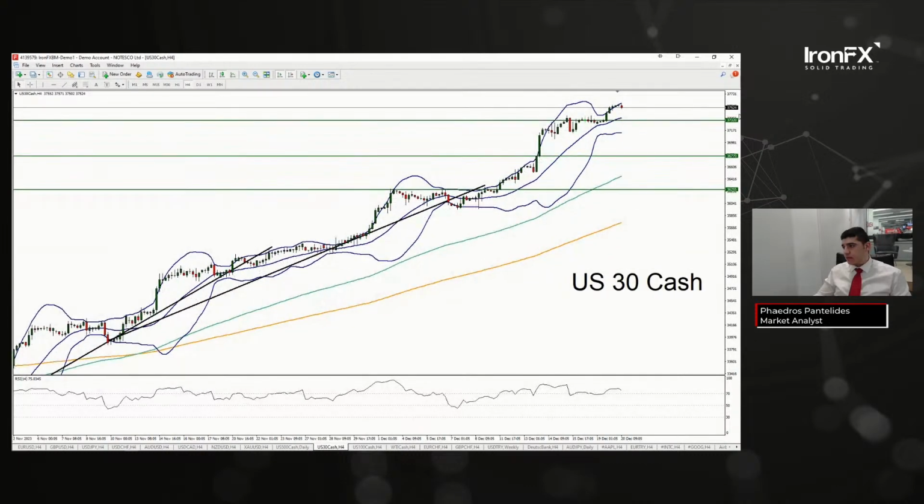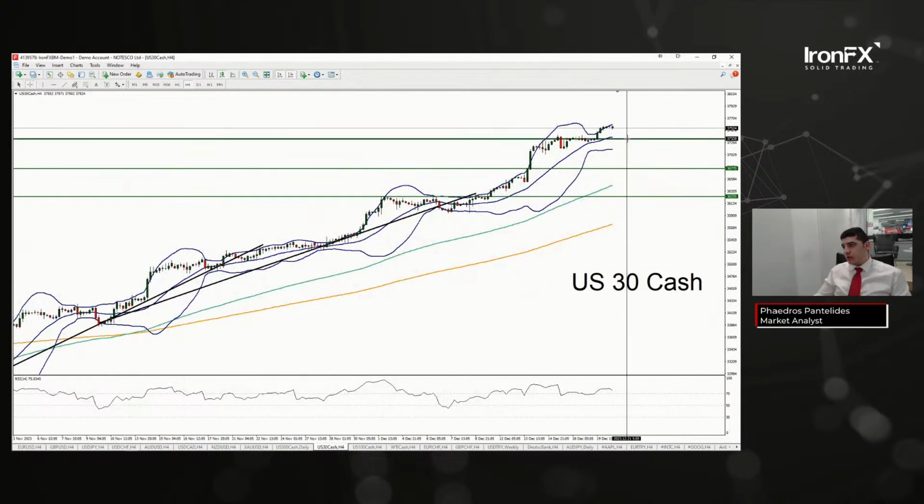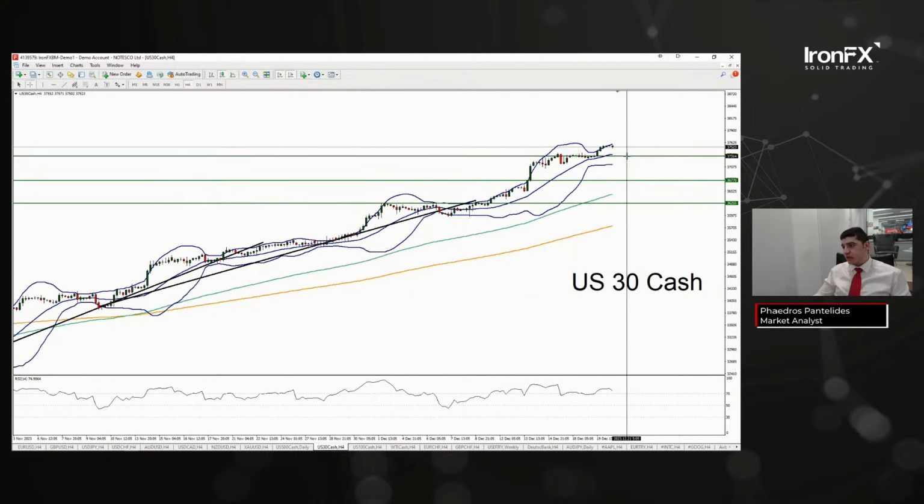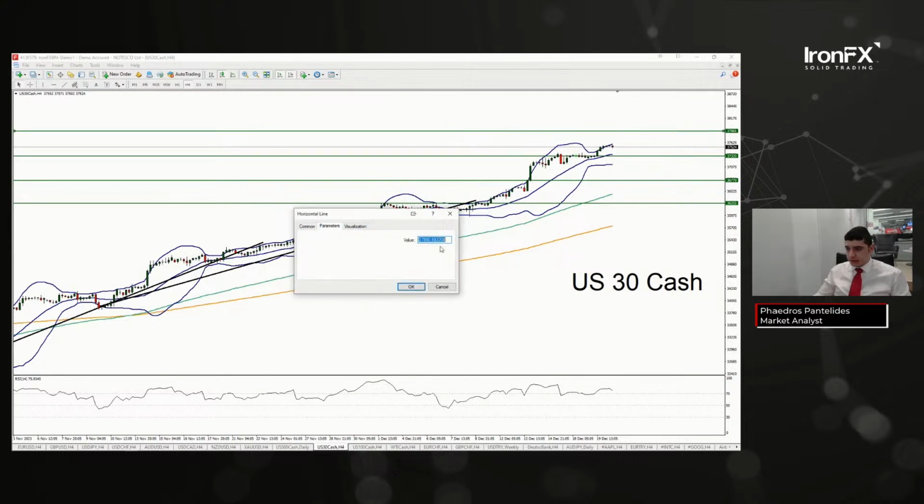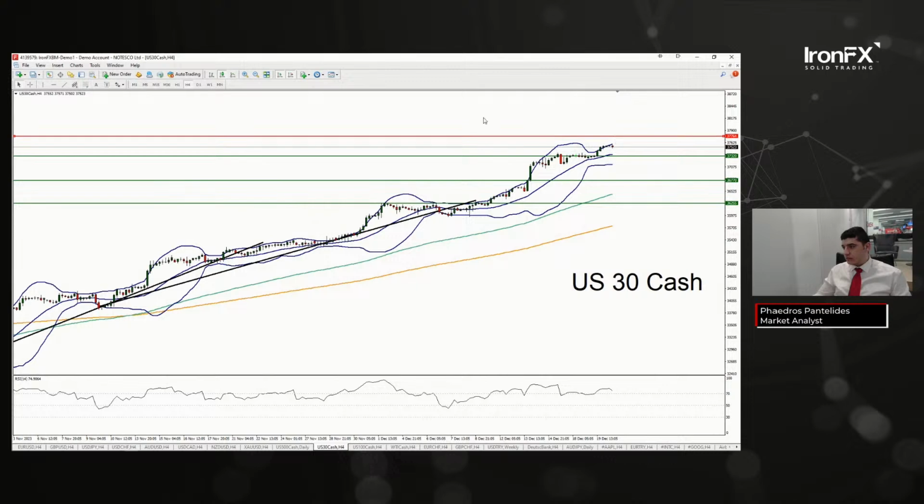Just remove this out of the way. Distance between S1 and S2 is 524, so reflected upwards 524. 37,835. 37,385 could be R1. It's a mistake. 37,830.